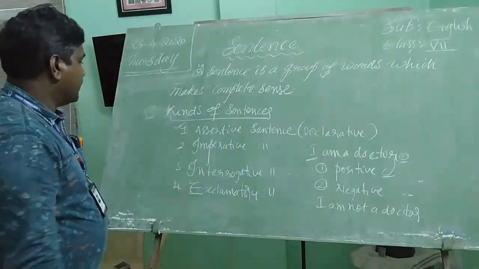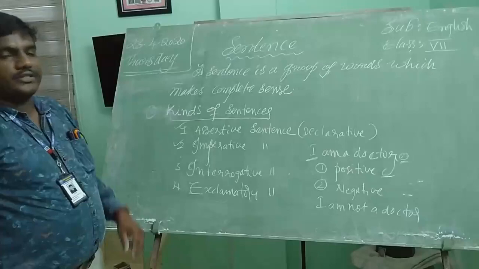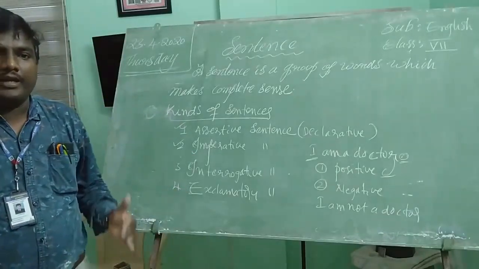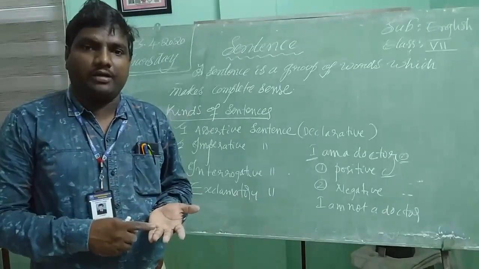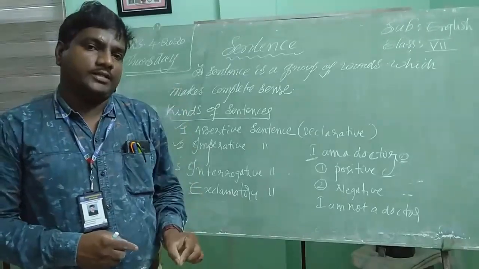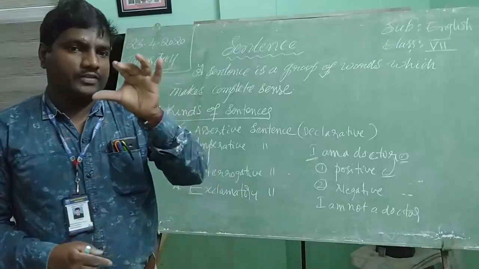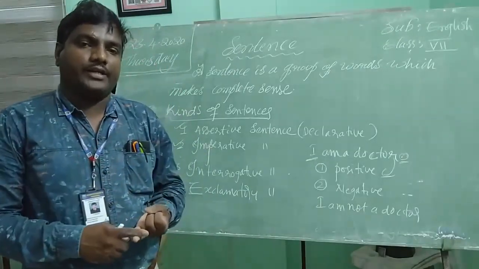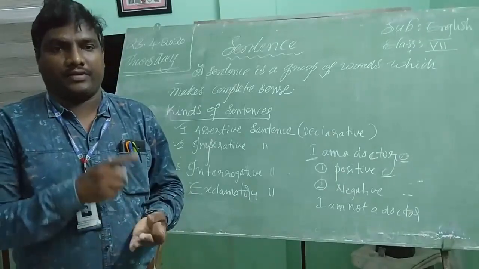Next, let's move on. Second sentence, imperative sentence. What is the imperative sentence? An imperative sentence indicates command, order, request. Once again, an imperative sentence starts with a capital letter and ends with a full stop. Second point, an imperative sentence indicates command, order, request.